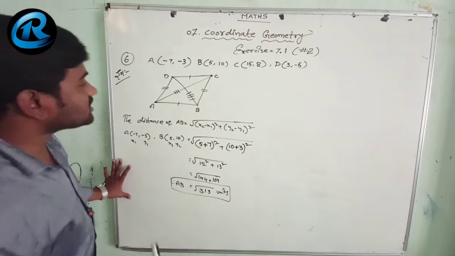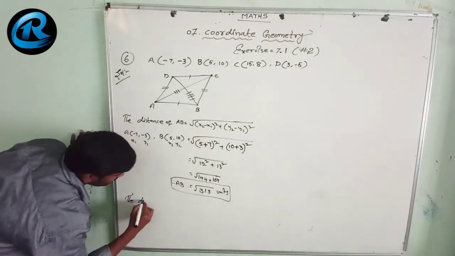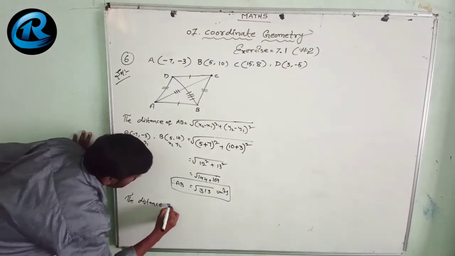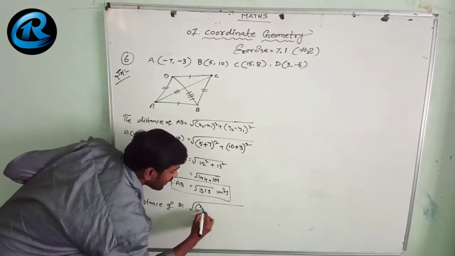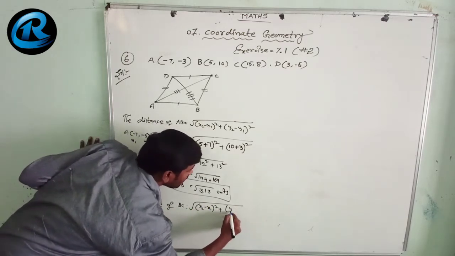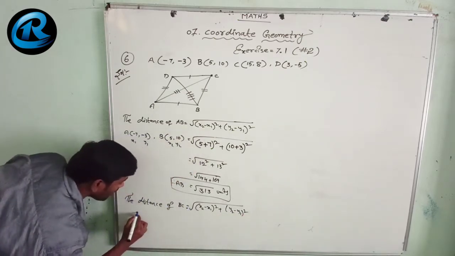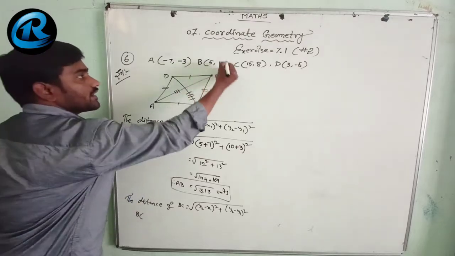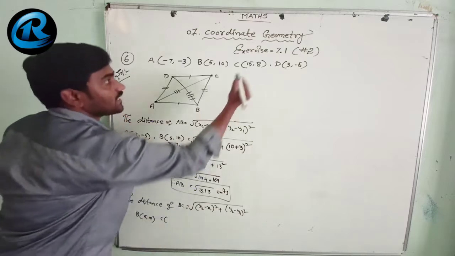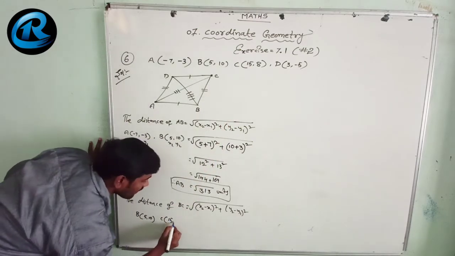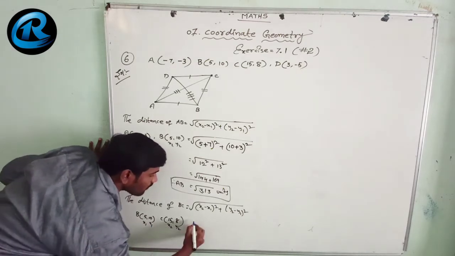Now we go for the distance of BC. Under root of (x2 minus x1) whole square plus (y2 minus y1) whole square. Here B is (5, 10) and C is (15, 8). x1, y1, x2, y2.